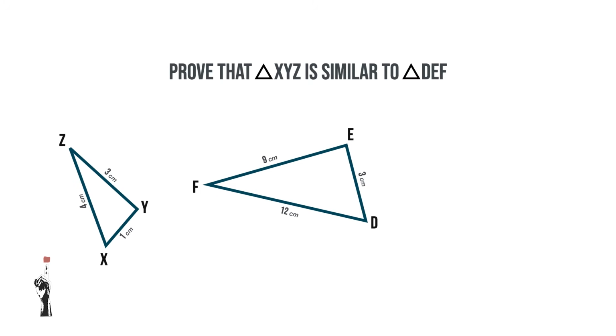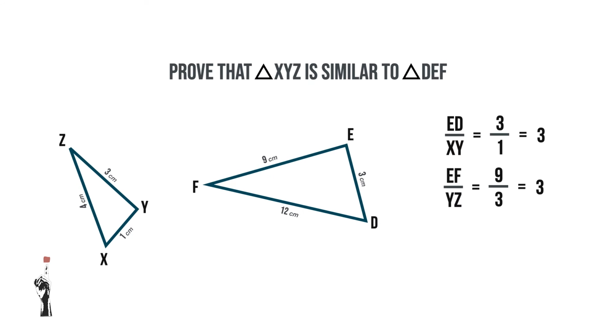So, if for instance I look at these 2 examples, and I want to prove that these 2 triangles are similar, I'm going to say that side ED is over side XY, which is equal to 3 over 1, which is equal to 3. Furthermore, I can say that side EF is over side YZ, which means 9 over 3, which is equal to 3.